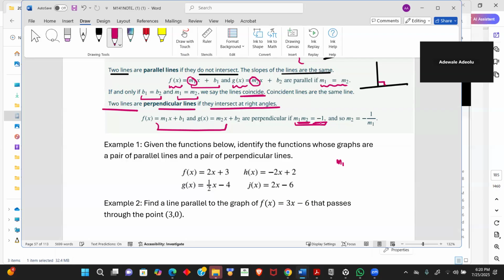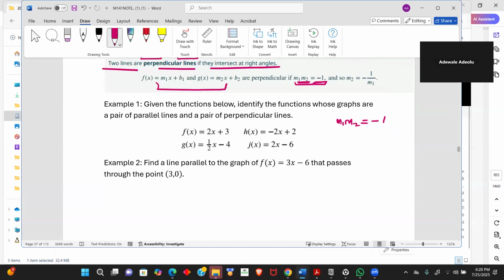So that is m1 times m2 equals -1. That is all you need to check. Find the two slopes, multiply them together. If the result is -1, then you claim that the two lines are perpendicular.